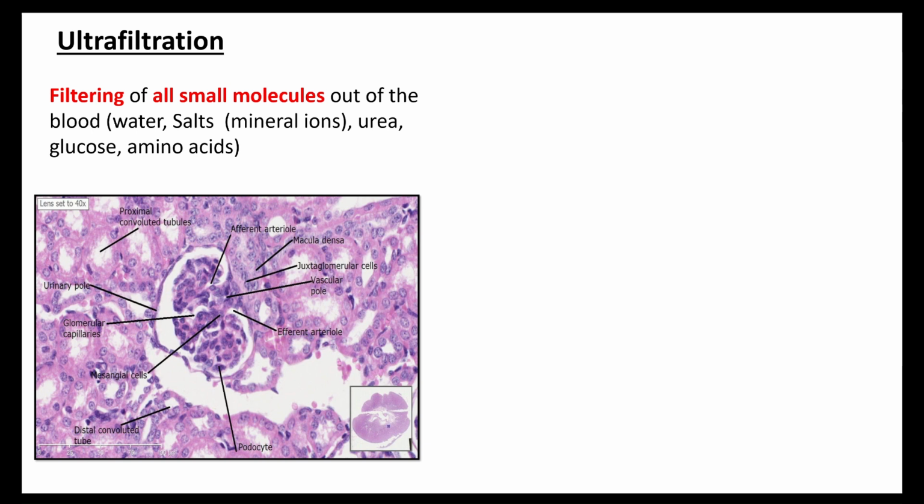When we say small molecules, we're talking about water, salt, mineral ions, sodium, potassium, urea, glucose, and amino acids. The filtering that happens at the tissue fluid is very similar to what happens at the kidneys, except all of it is going to be squeezed out of the blood and into the kidney nephron, which could then lead down to be removed from the body.